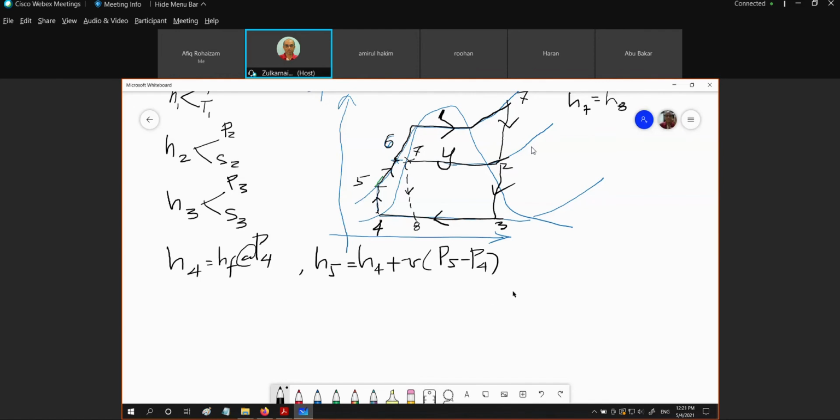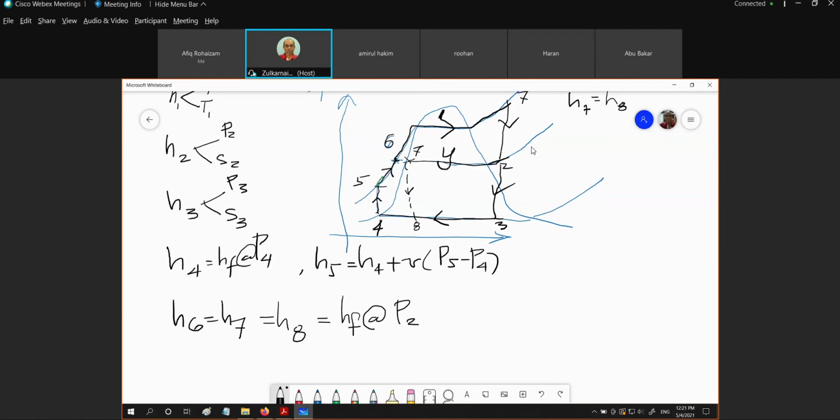What is H6? H6 we are going to get as equal to H7, which is equal to H8, and this is equal to HF at the pressure of 2, or also the same pressure as 7.